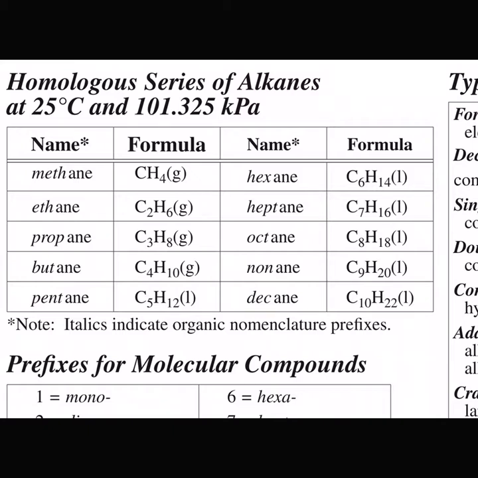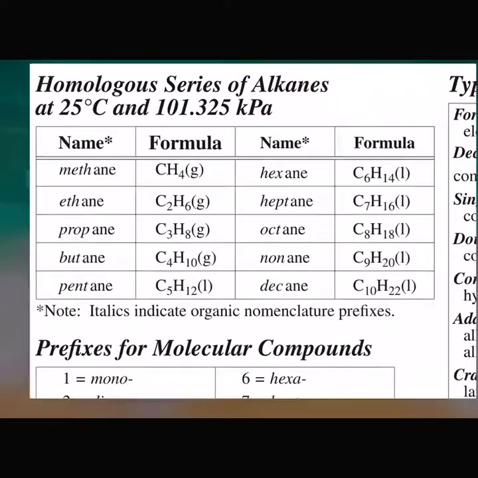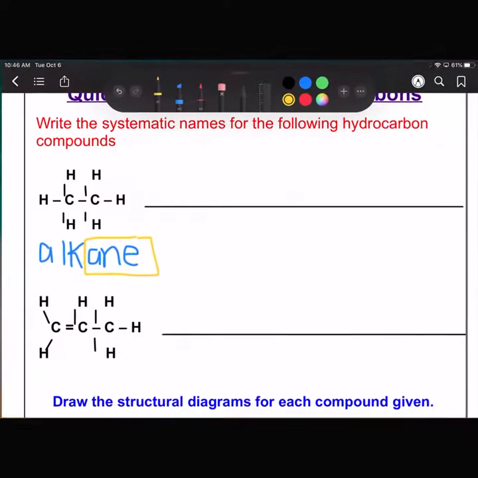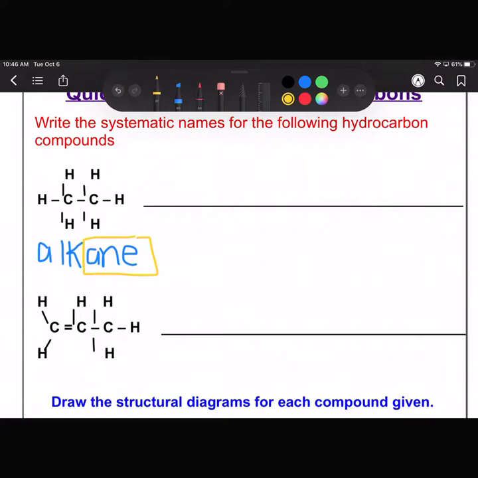So meth is 1 carbon, eth is 2 carbons, and so on. If we look back to ours, we've got 2 carbons, which means the prefix is eth. And because we know it's only got single bonds, that's going to be ethane.